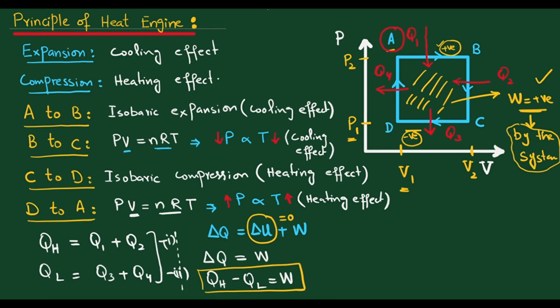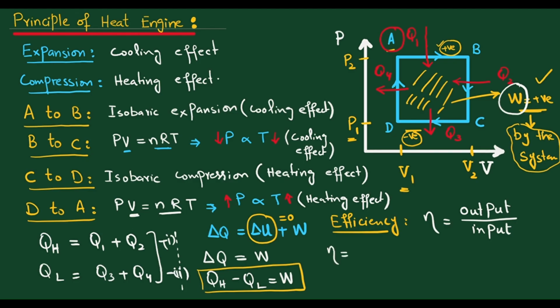The efficiency will be equal to output divided by input. The output is the useful work done which we get from the system, and the input is QH, the total heat provided to the system.